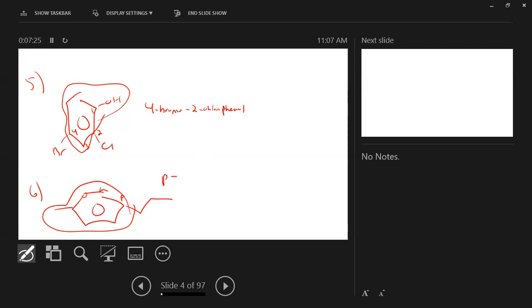So propyl toluene. So 7 gives us this right here.